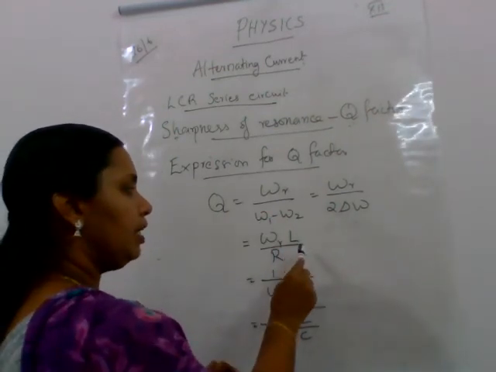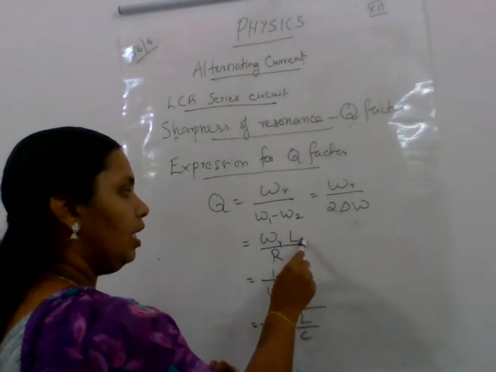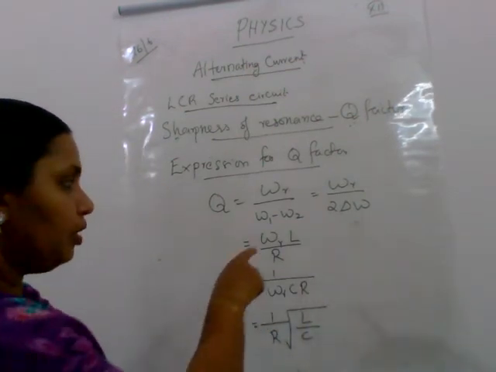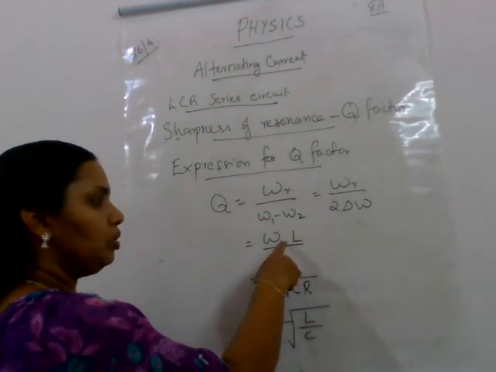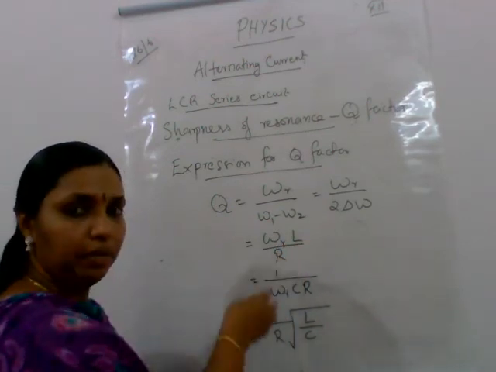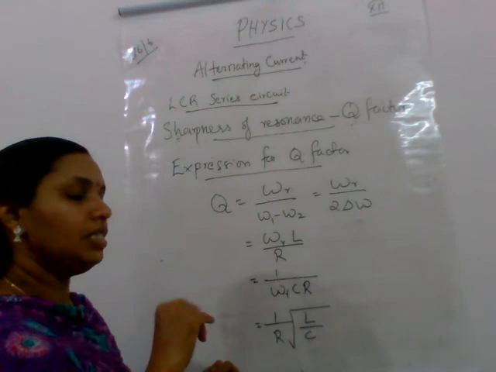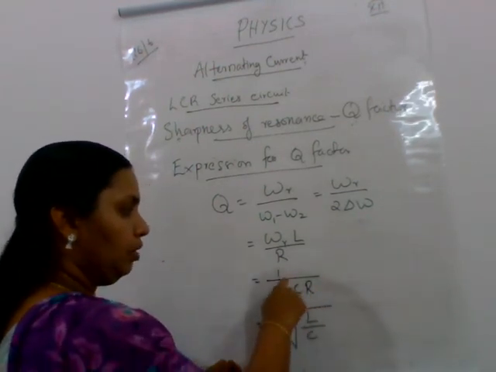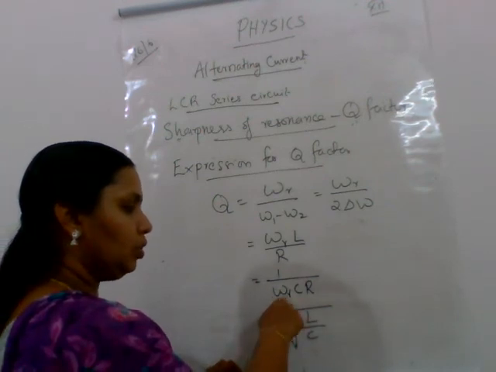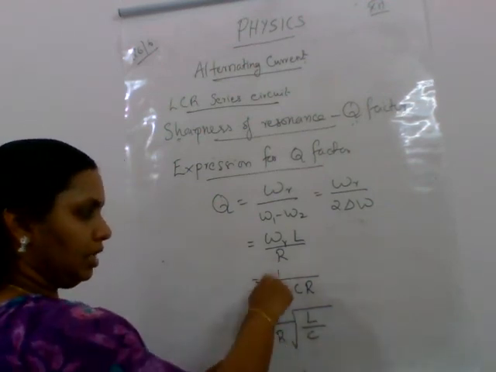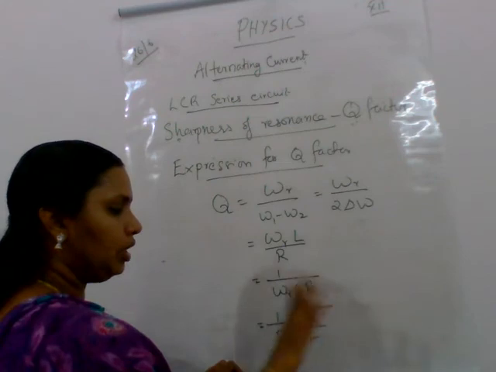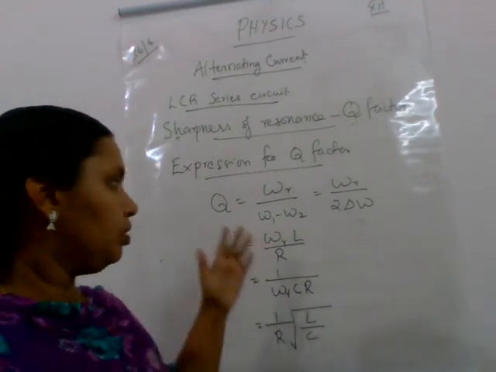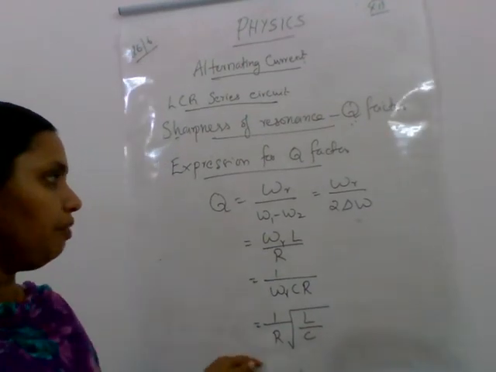In terms of inductance and resistance, it is omega r L by R. Here omega is omega r. In terms of capacitance, it is 1 by omega r C R, and simplifying it is 1 by R root L by C. That derivation is not required for you, so you just study the final equation for this Q factor.